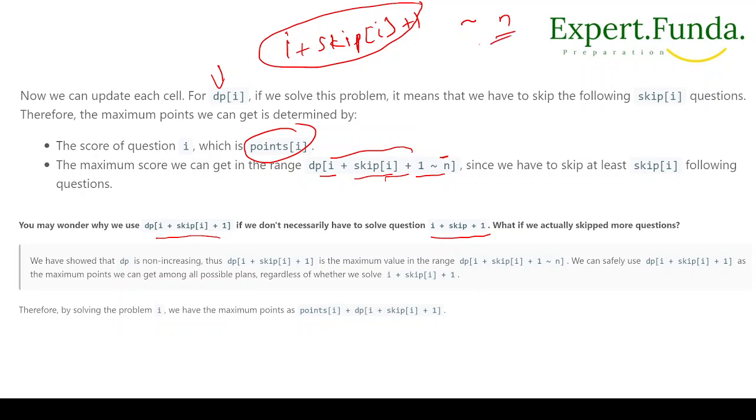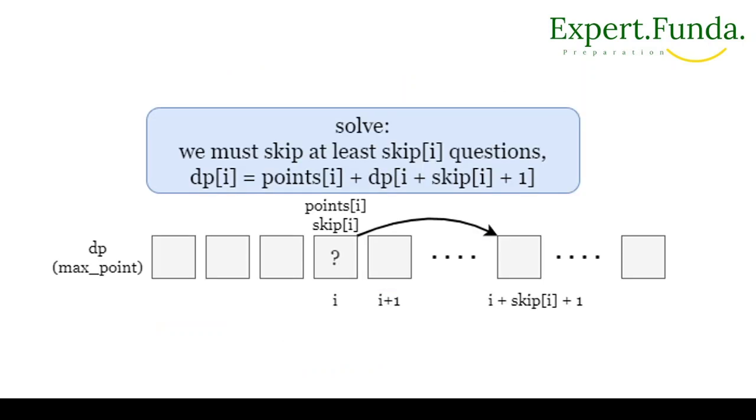We have to understand why we are using this and what we actually have to skip. The maximum point we can get is from the point we have here and the dp at I plus 1, and whatever comes will become its maximum point. Always keep focus on understanding this part: points at I plus dp of I plus skip at I plus 1.